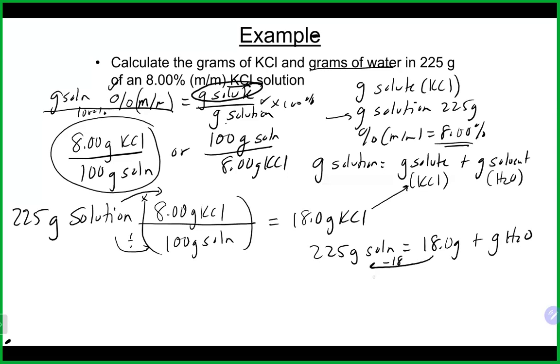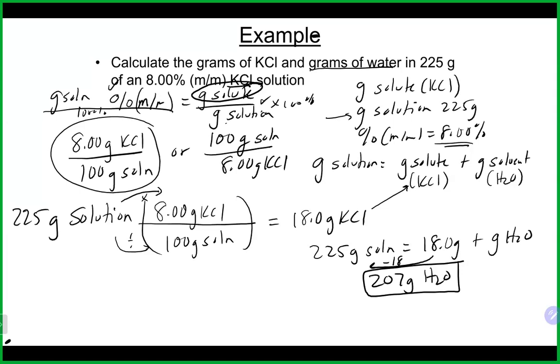Subtracting the 18 to the other side tells us that 207 grams of water was added. So 207 grams of water and our 18 grams of KCl mixed together gives us 225 grams for the solution. Any questions on that there?